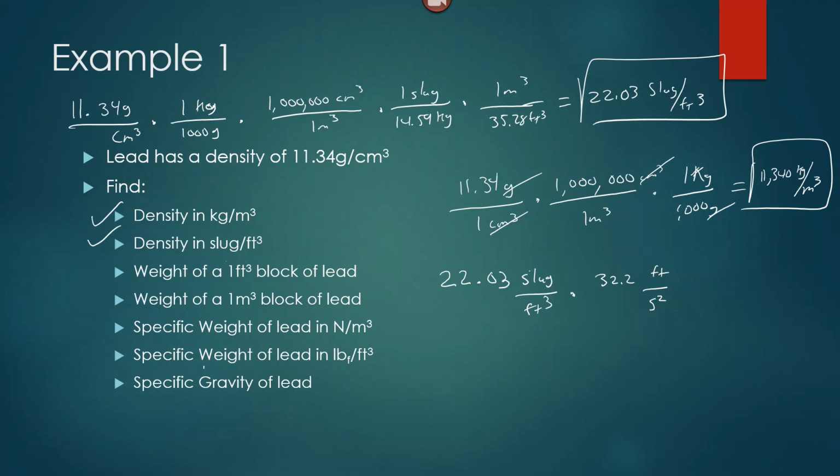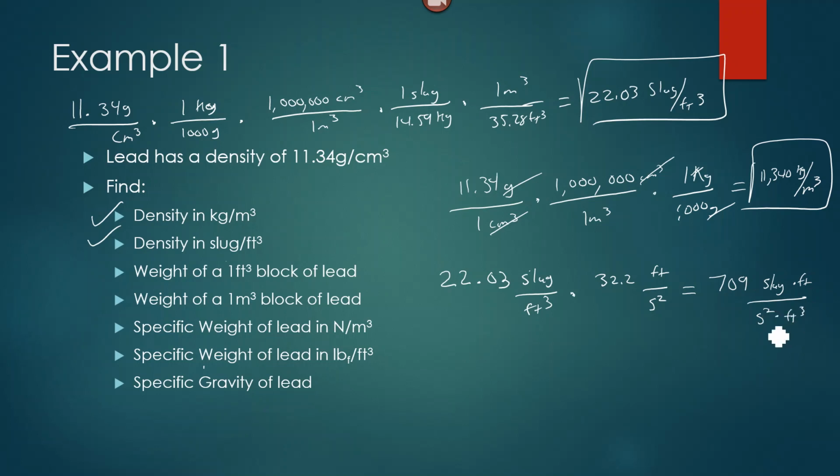So we have a final unit here of 709, and it's going to be slug. I'm not going to cancel out the feet for right now. Times feet per second squared times feet cubed.